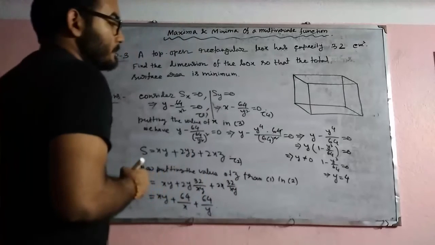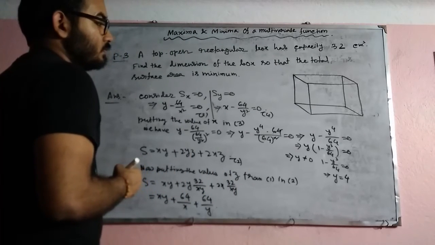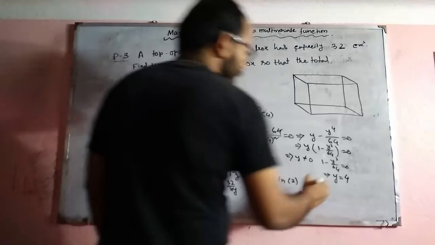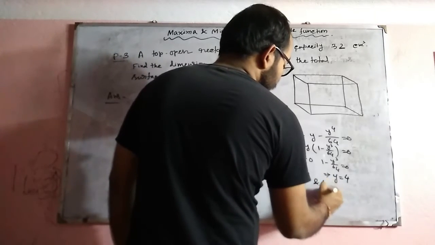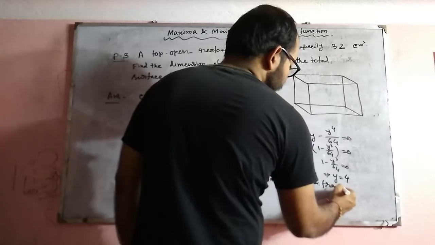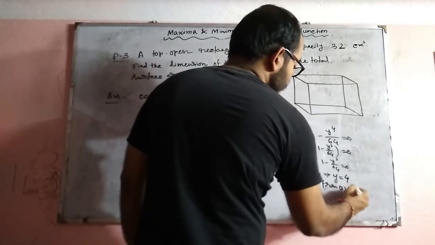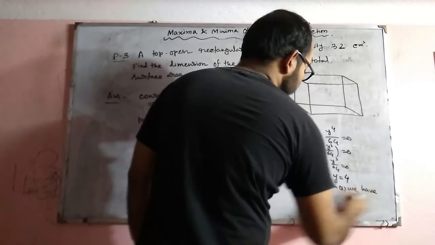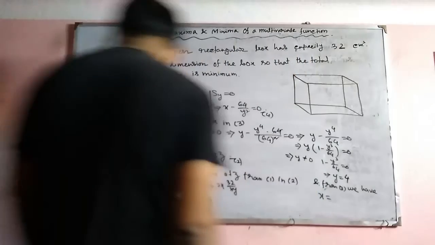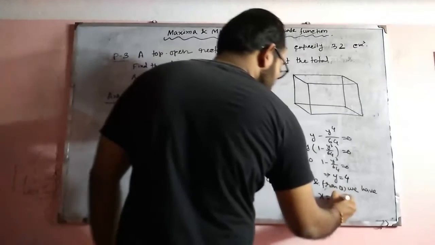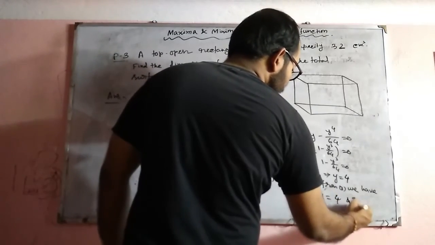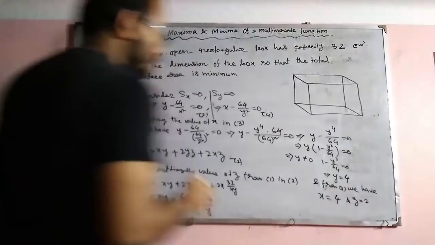Okay. And from 3 we have x is equal to 4 and z is equal to 2.